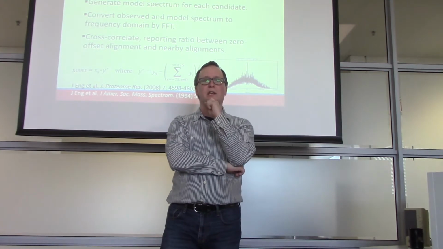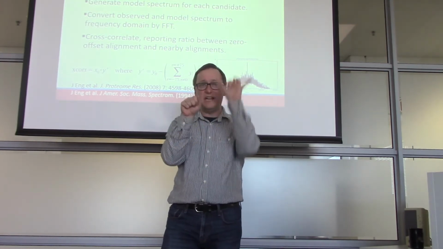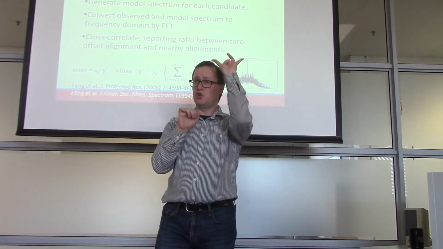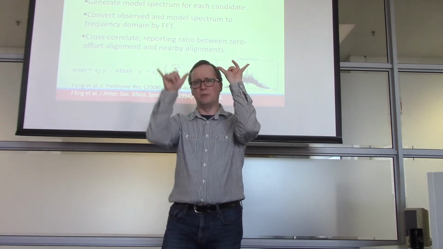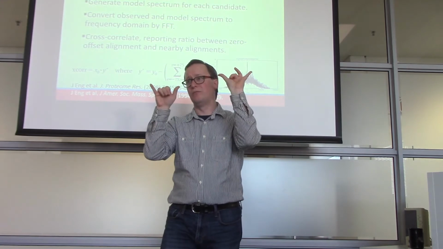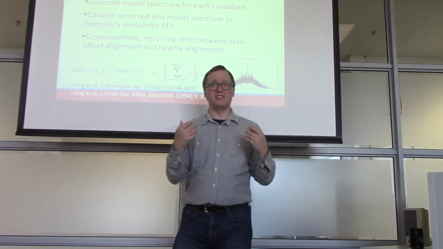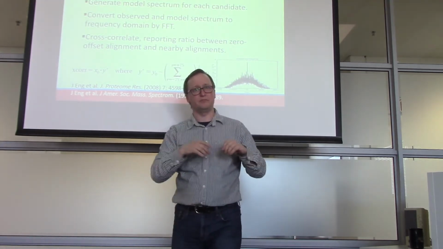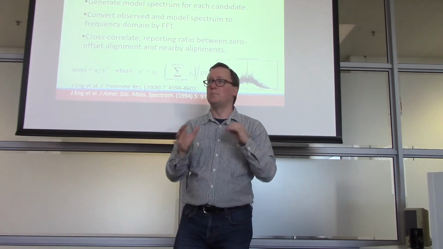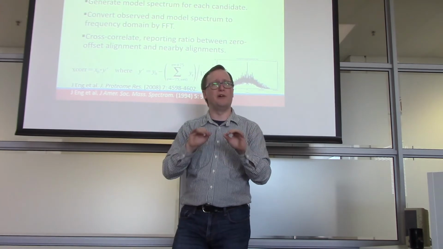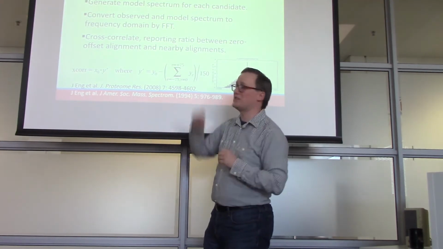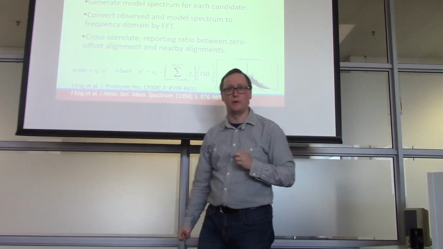And in each case, if the fragment contains the C-terminus, if it's the Y ion, we'll model it as a height of 2, and if it contains the N-terminus, we'll give it a height of 1. So this is a very simple kind of model for what the spectrum should look like, but after normalizing the spectrum we collected, it actually is not a bad projection of what these tandem mass spectra should look like. Then, it uses a technique called fast Fourier transform.